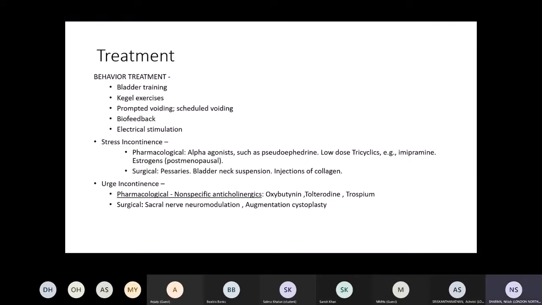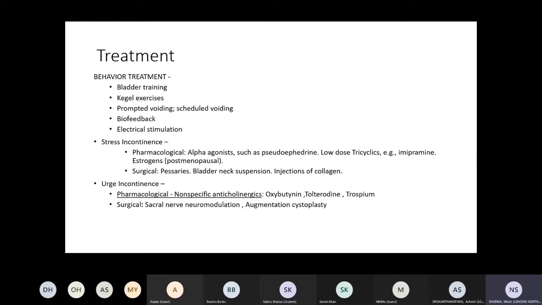Okay, so how would you treat this? Exercises are number one, the first line treatment. You would start with, especially in females, bladder training, Kegel exercises, prompted voiding, scheduled voiding, which is very important, biofeedback, and electrical stimulation. This is usually the last resort and usually not used anymore.